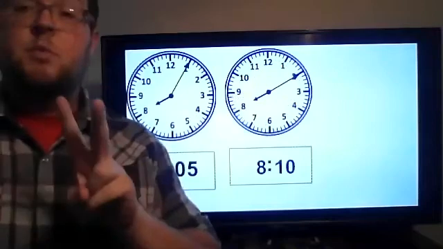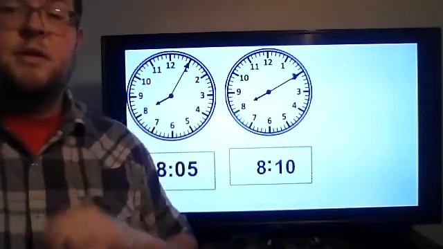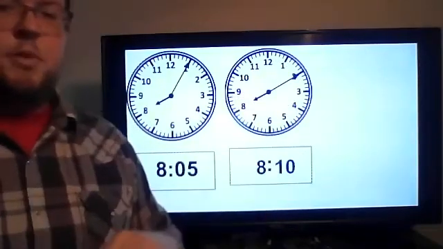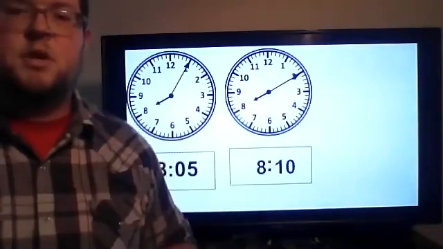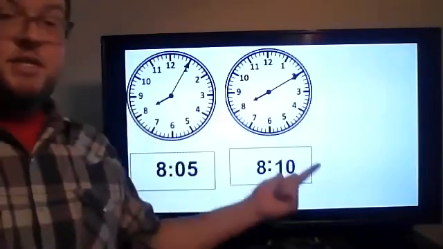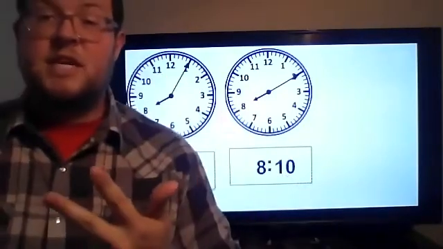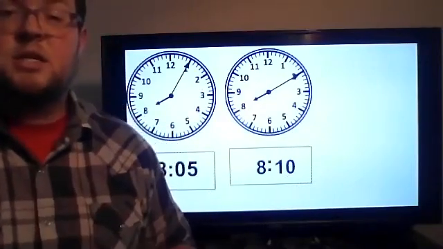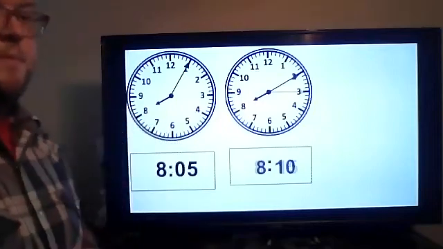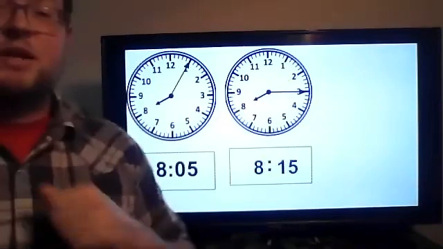Now, we have 2 more that we need to fill in. So if I went up by 5 here, that means we're going to go up by 5 for the next one. So I'm going to count by 5s now. So we have 5, 10, 15. That's right. So our next clock is going to show the time of 8:15. 8:15, look at that.